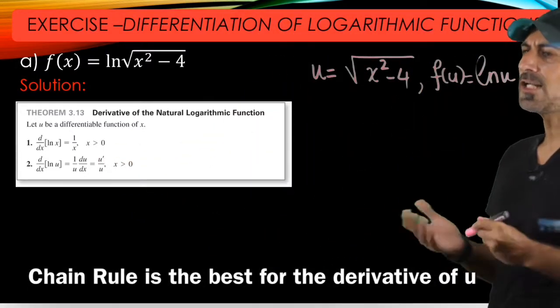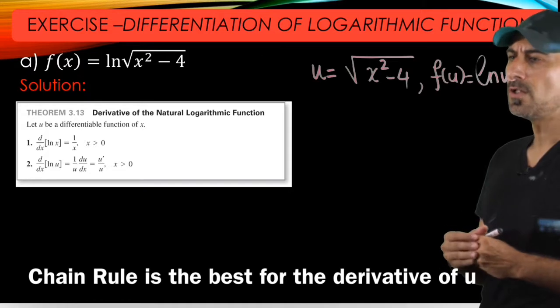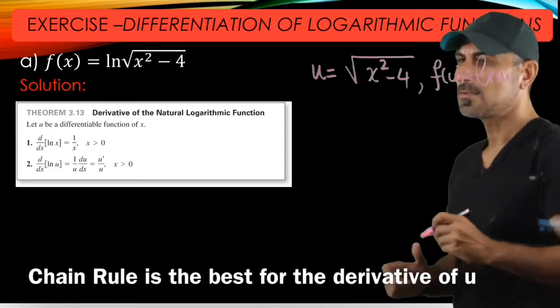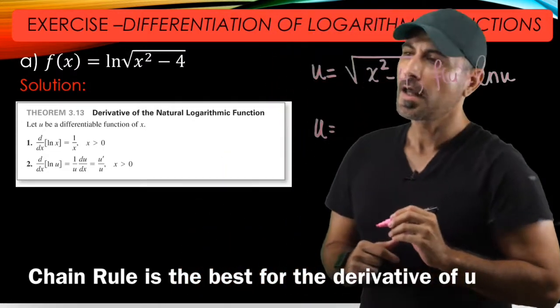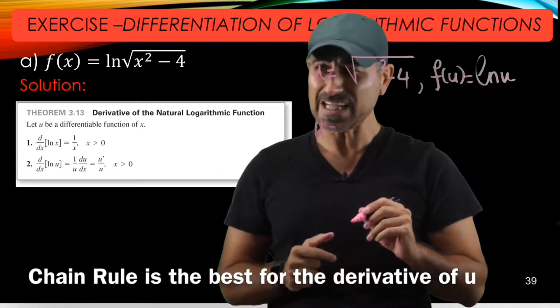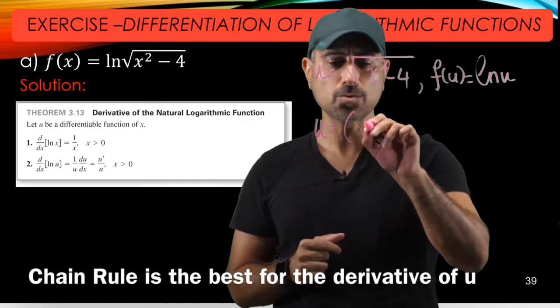We're going to use the chain rule or general power rule for this one. So essentially, I'm going to write this as the 1/2 power of x squared minus 4.